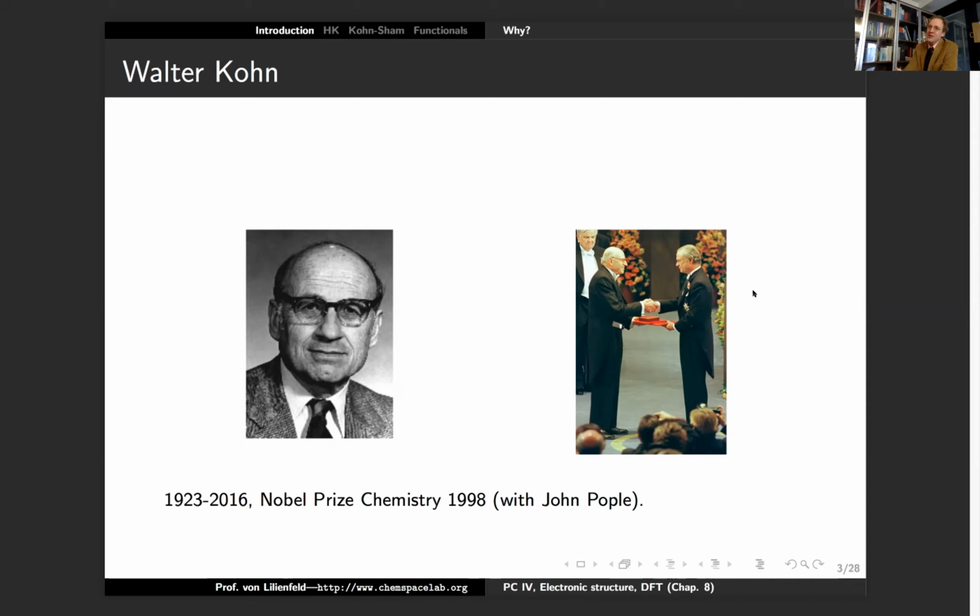And it turns out that in the top 10 papers of all times, density functional theory shows up twice. Okay, so it's arguably a theory that has a tremendous impact on science, and it is remarkable that so little is known about it, right?